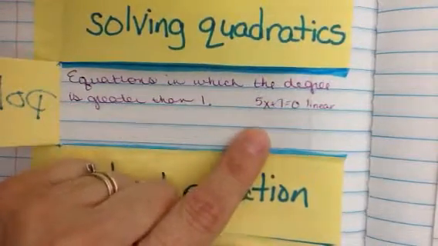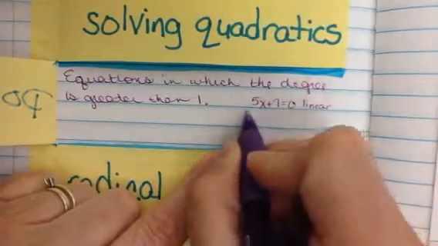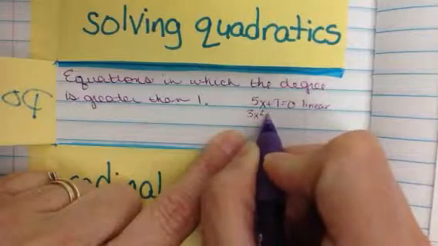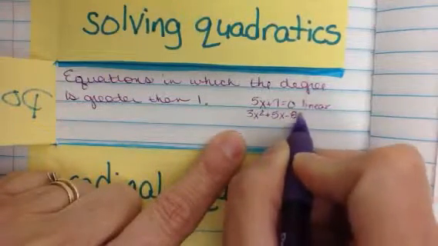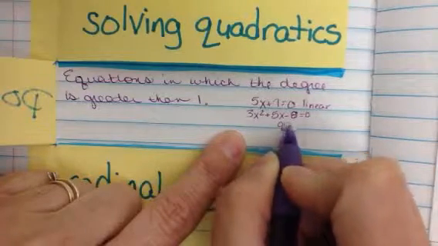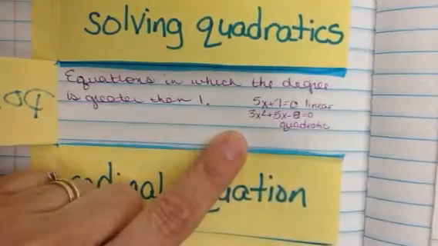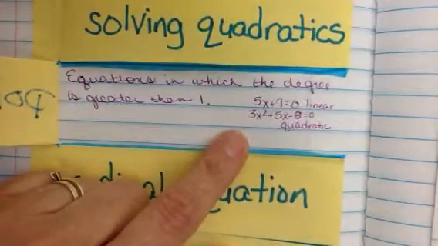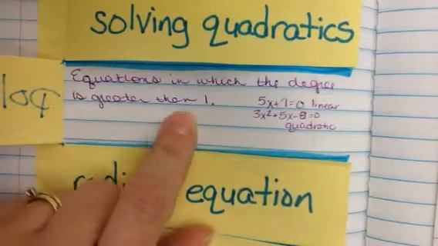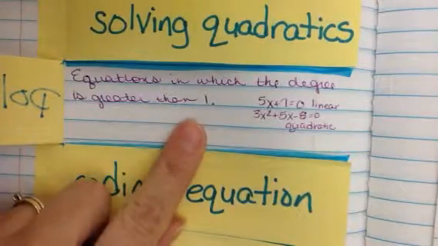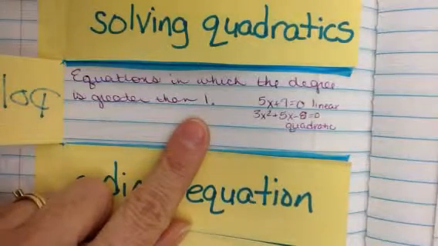Okay? Then when we have the quadratics, where 3x squared plus 5x minus 8 equals 0, that would be a quadratic. Technically speaking, that would be a polynomial, but this section is looking into things in which the degree is greater than 1.